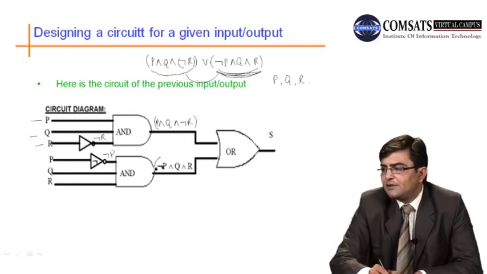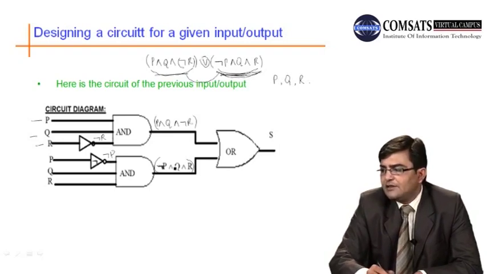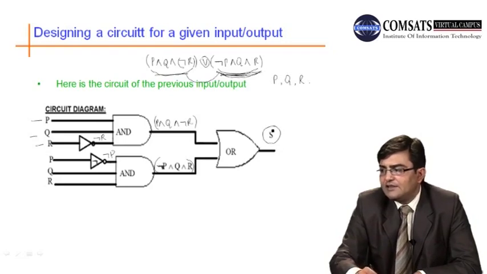Now in the logical expression, we see that these two expressions are connected by the disjunction operator. So we connect these two by using a disjunction or OR operator. The output will come here, S. Now what is S? S is basically this logical expression.